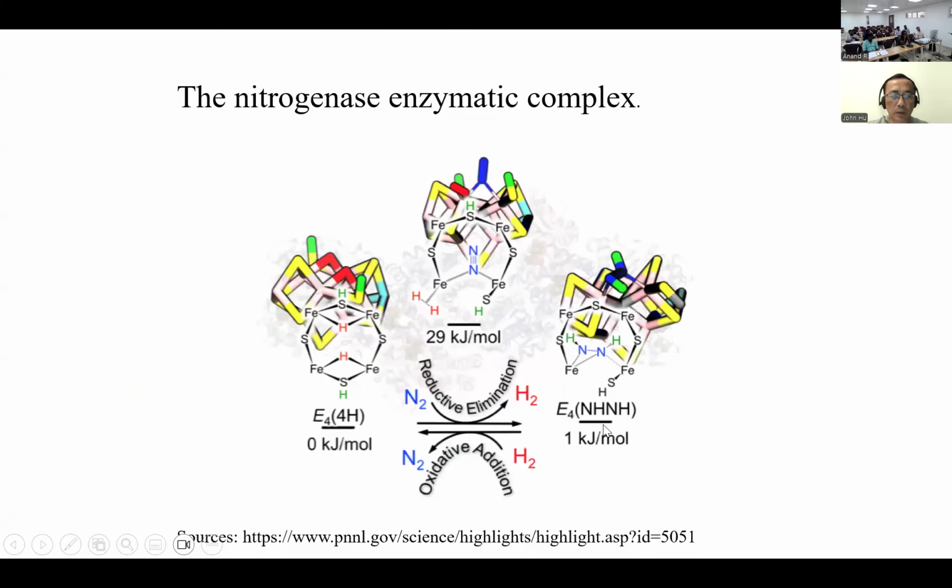All right, so last slide for this session. In day one, we talked about the so-called biological process. You can mimic a plant, or you can simulate nature to make a material called the nitrogenase enzymatic process.